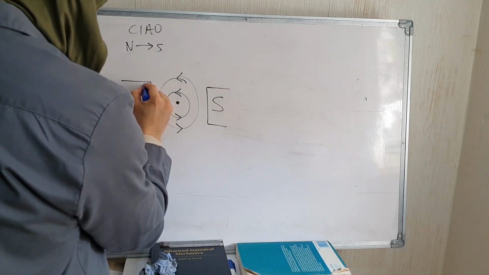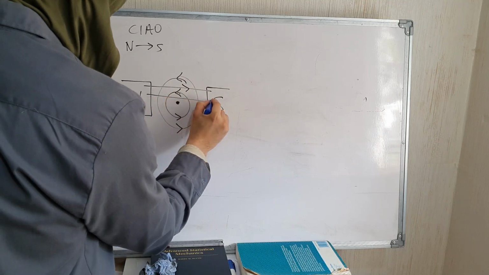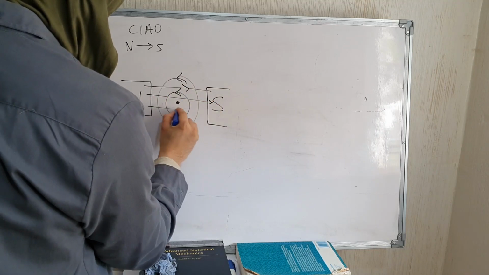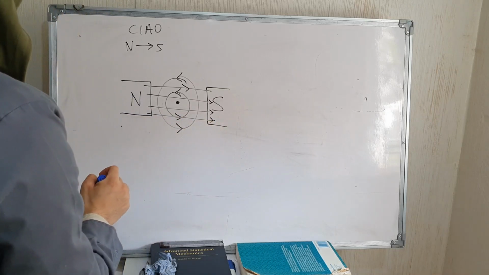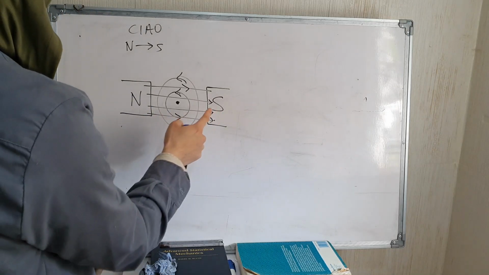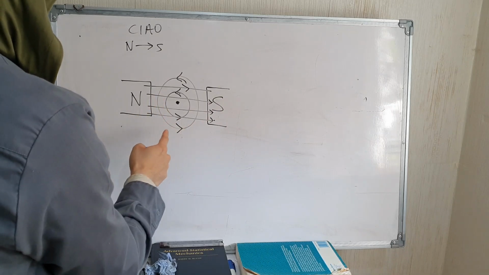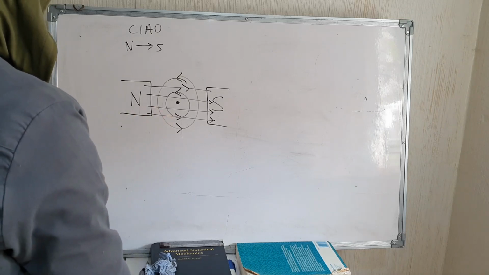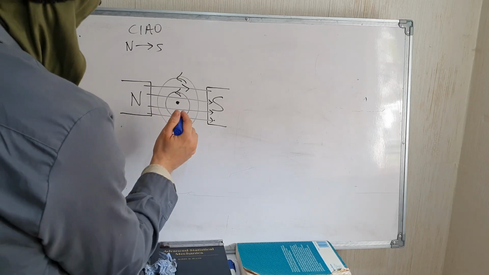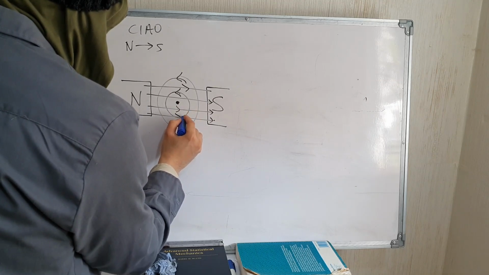So if we draw the field lines going this way, this way, this way, okay? It's always going from north to south for the magnetic field lines, and the magnetic field lines of the current coming out is anti-clockwise. So it's going this way and this way.